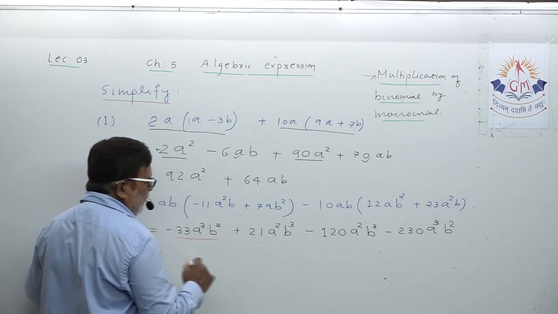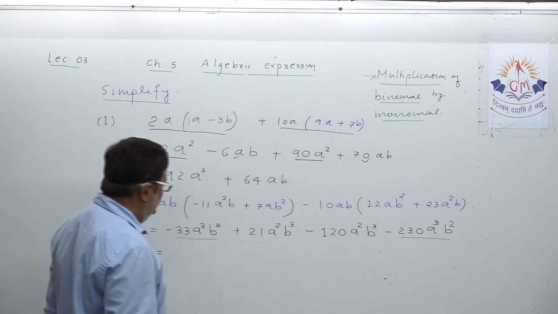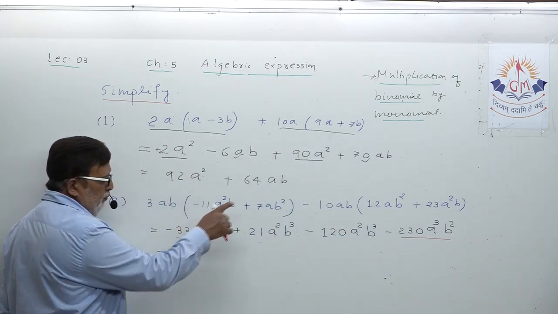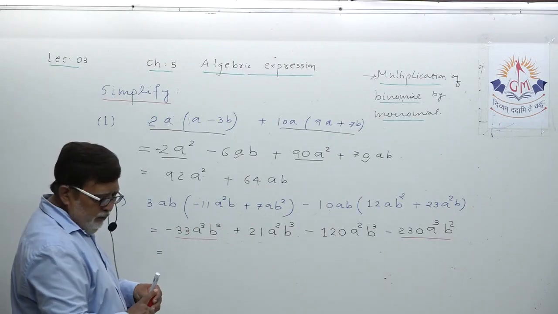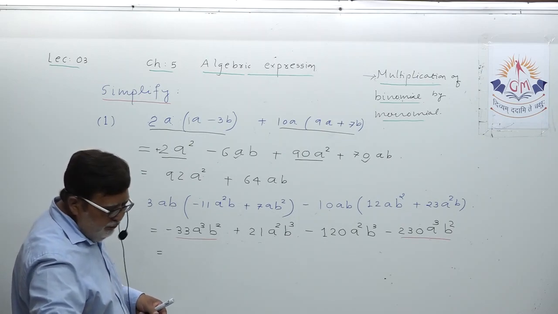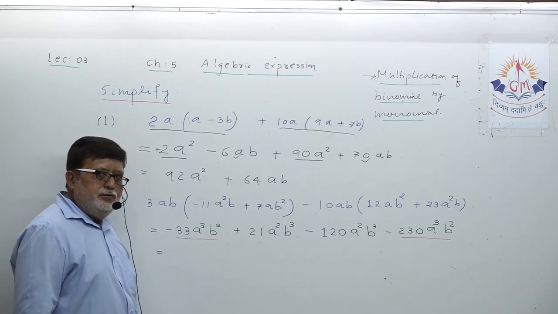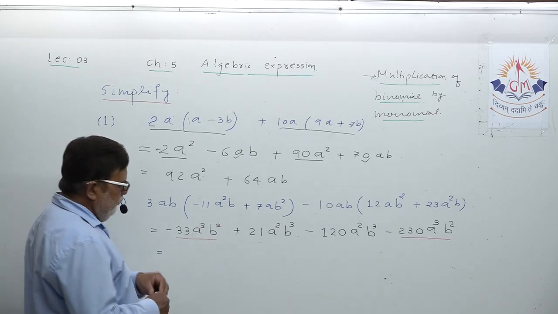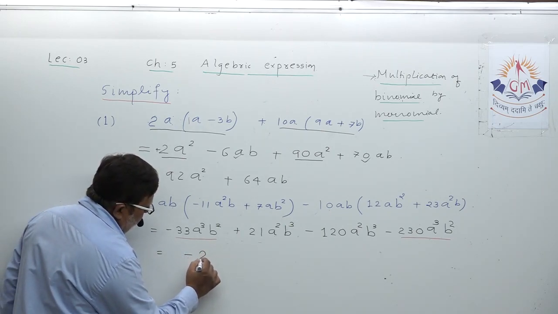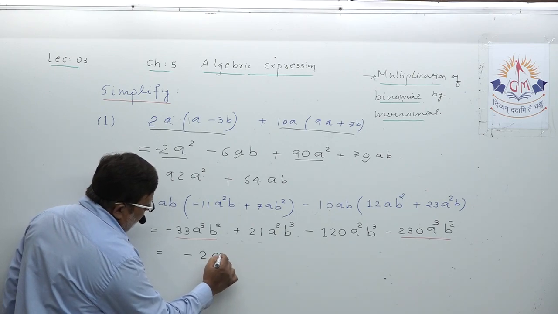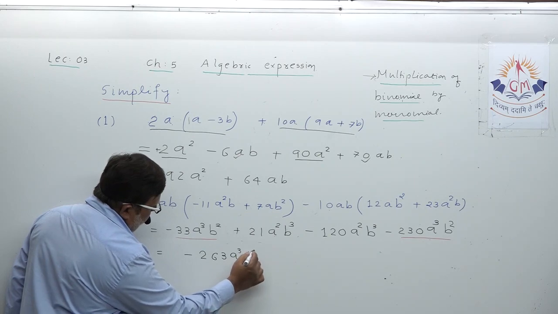Here a cube b square, here also a cube b square. This is minus, that is also minus, okay? So minus minus plus 230 plus 33, 263, but the sign of the greater number, obviously this is minus 263 a cube b raised to 2.